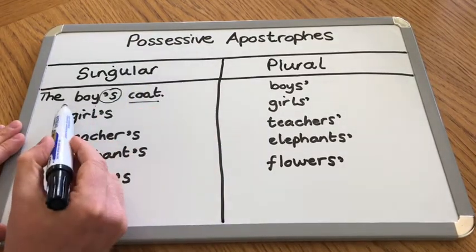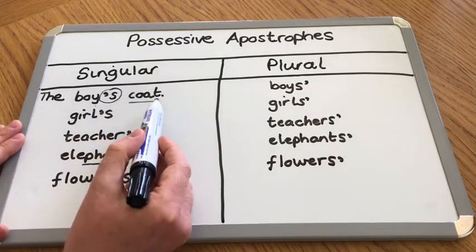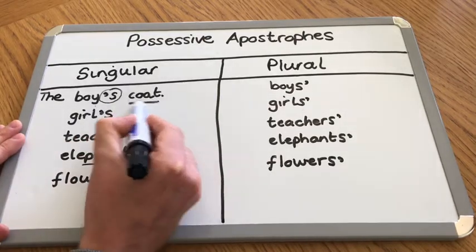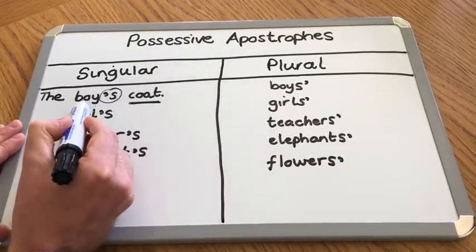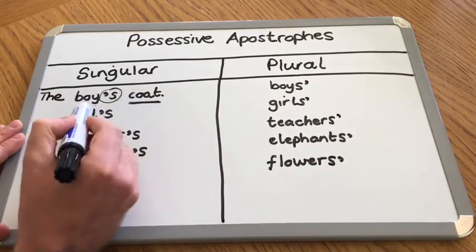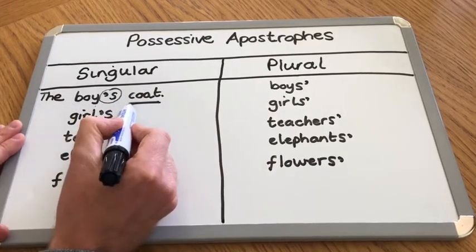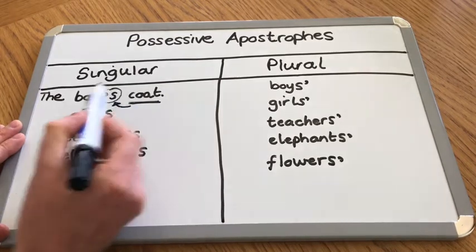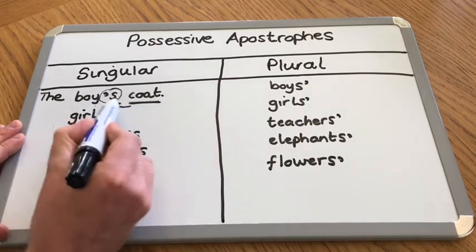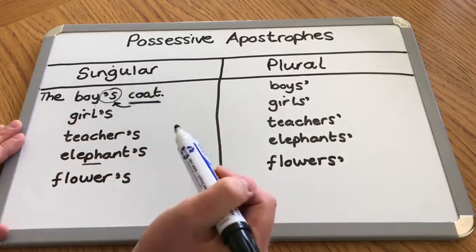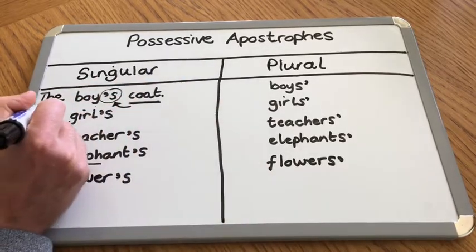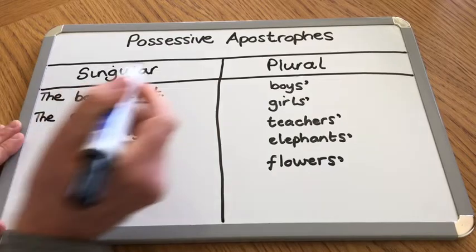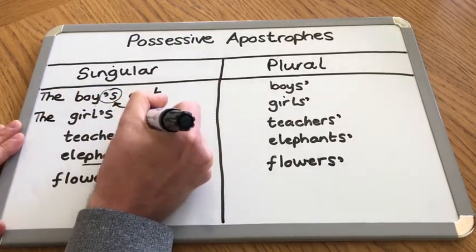So in this sentence, the boy's coat, it is the coat that is possessed by the boy. He owns it. It is his. And usually, the thing that is owned or possessed is after the noun, who it belongs to. We could have the girl's hat.